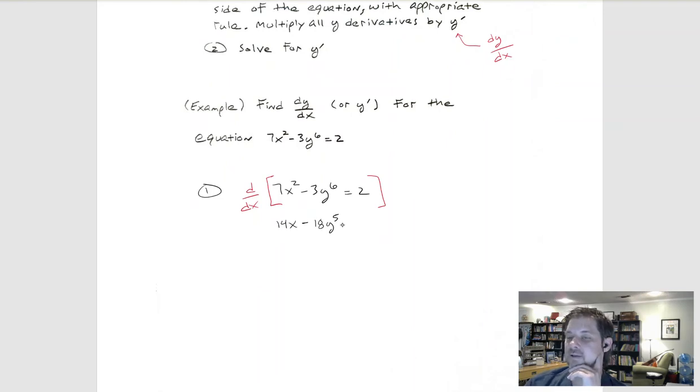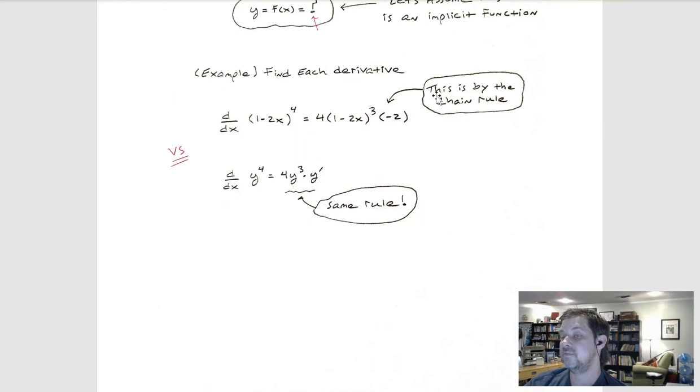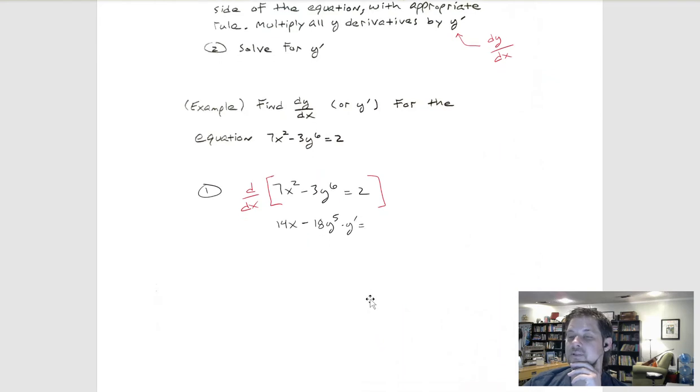So then we say times y prime. The reason we do that, if it helps you, is because of this. This is our comparison. Now that takes care of the left-hand side. Now on the other side I have 2. So what's the derivative of 2? 2 is just a constant, so it has a derivative of 0. Okay, so that's the first step.